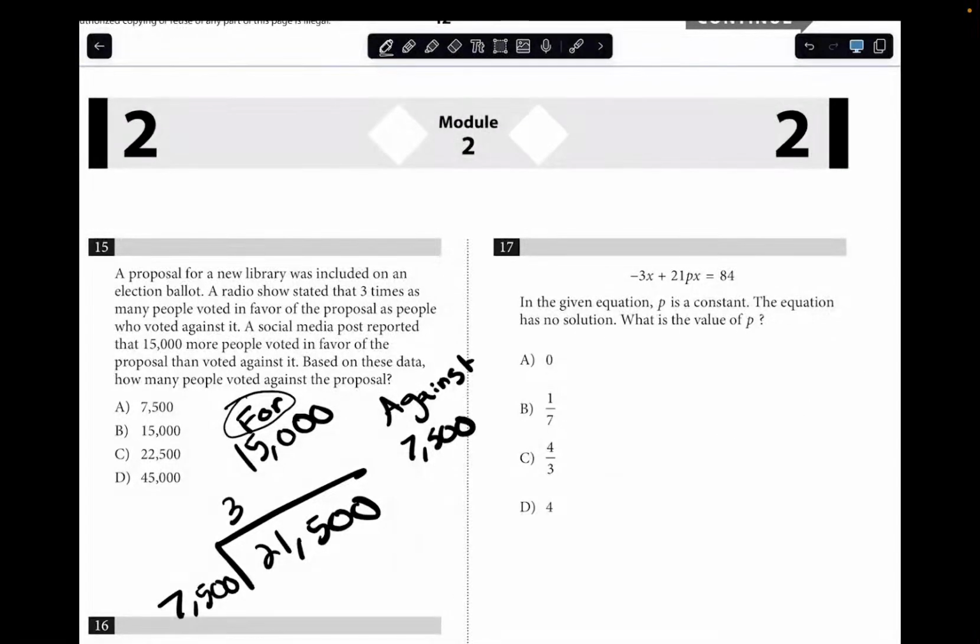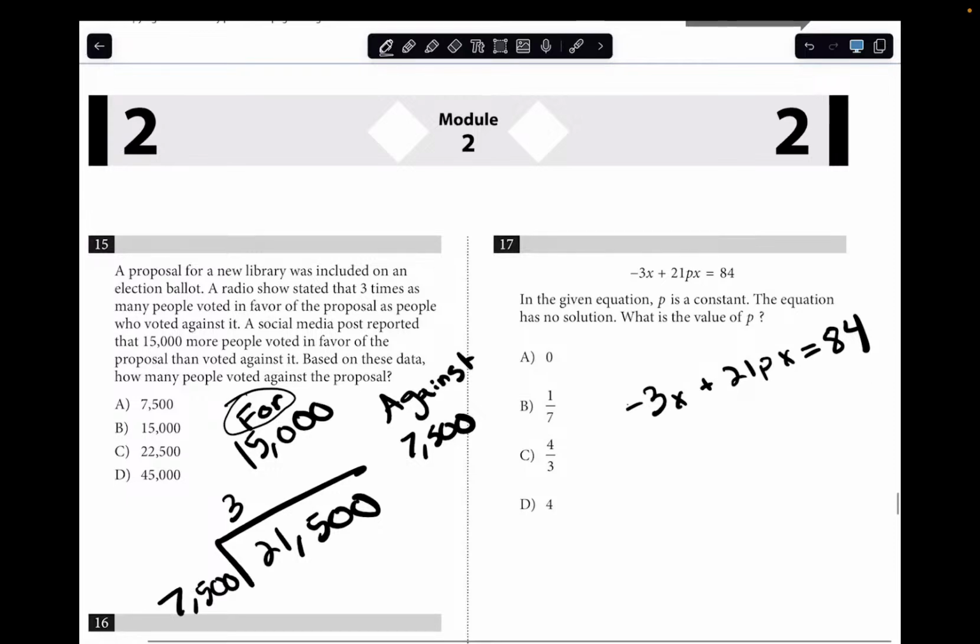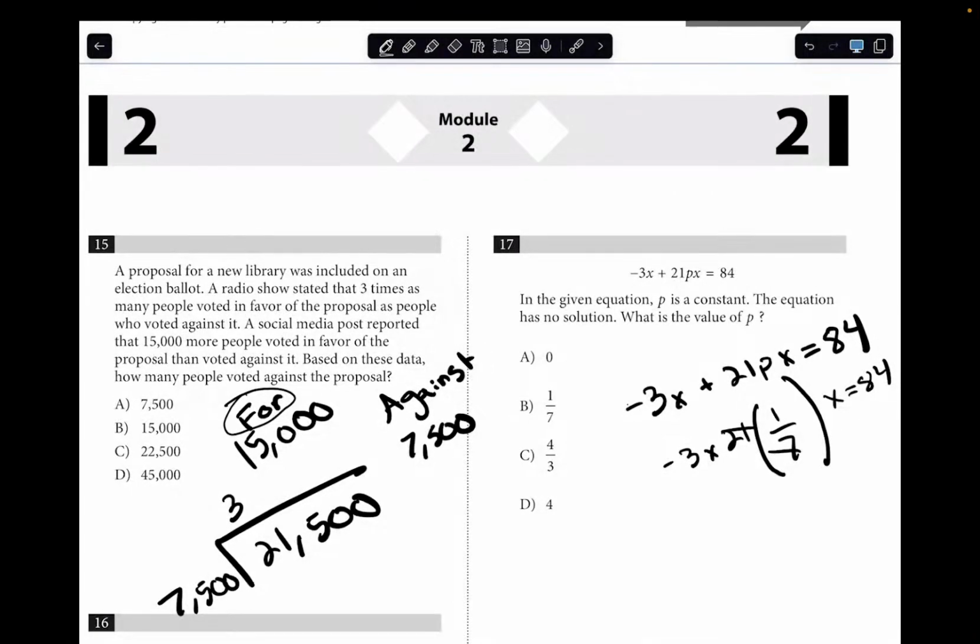So basically, what you did was rewrite the expression. If you multiply just p by 1/7, p is equal to 1/7. So then you get positive 3x, and then 0 is equal to 84.